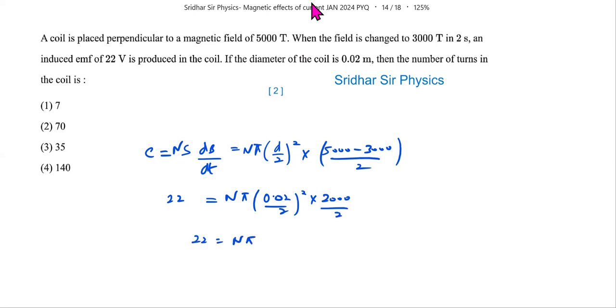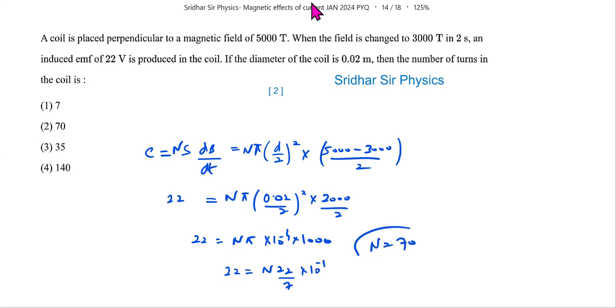Approximating the values, we are asked for the number of turns. The value of 22 N pi is 22 by 7 into 10, times 10 to the power of -1.